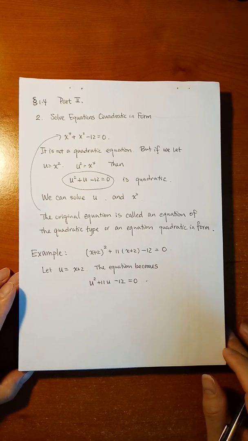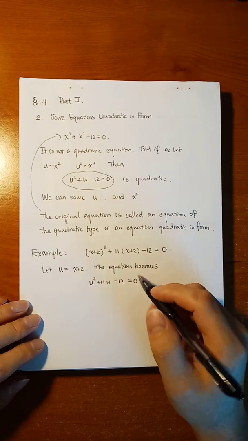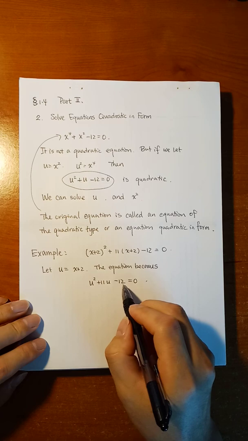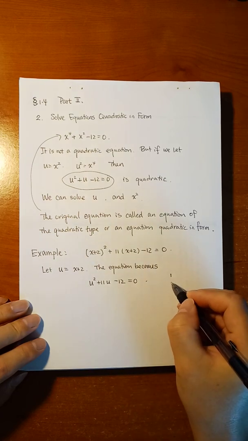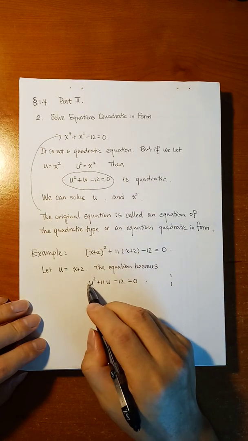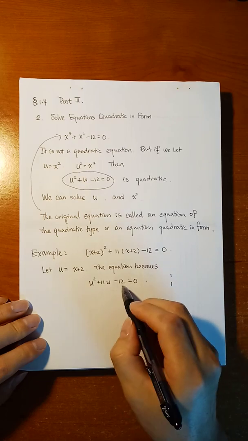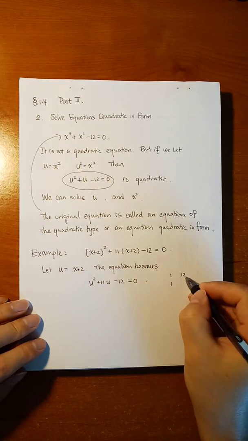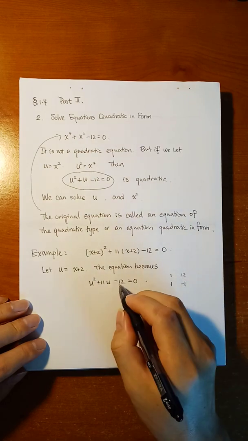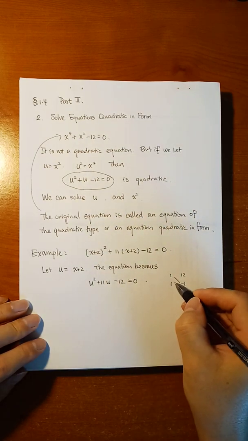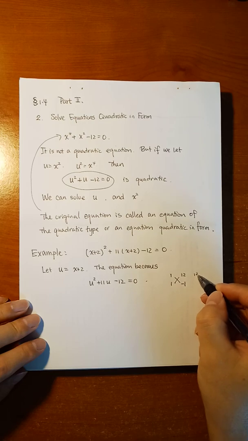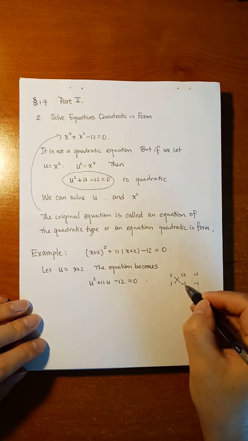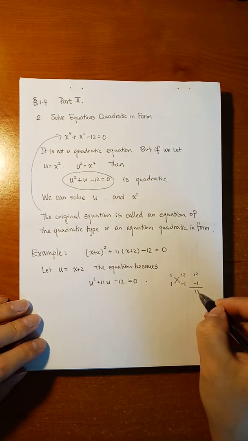Right? So it's not that difficult. And then you do that cross factorization. So it's 1 times 12. Remember, you want to find the positive 11. So you got 12 and negative 1. 12 times negative 1 is negative 12. So you see, you do the cross multiplication. The product of 12 and negative 1 is negative 12. The sum is 11. That's good.